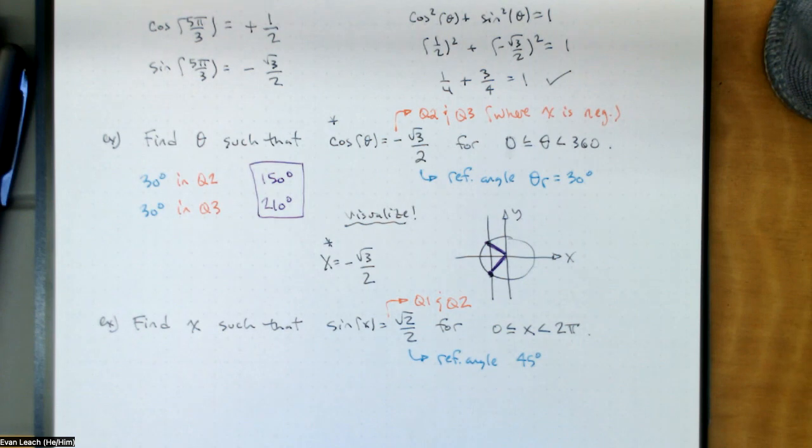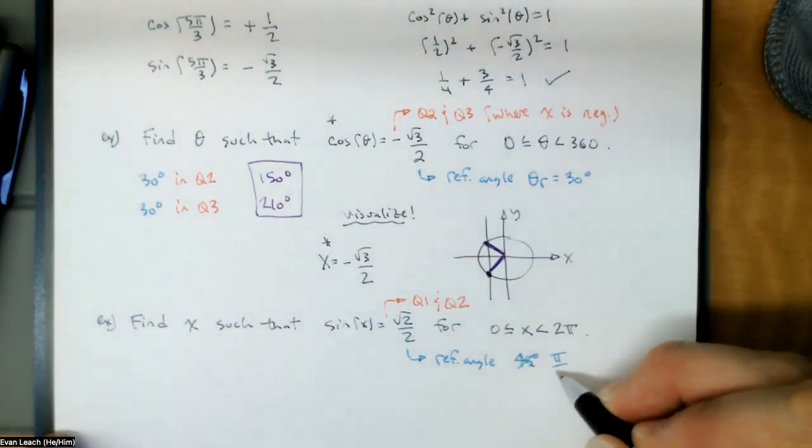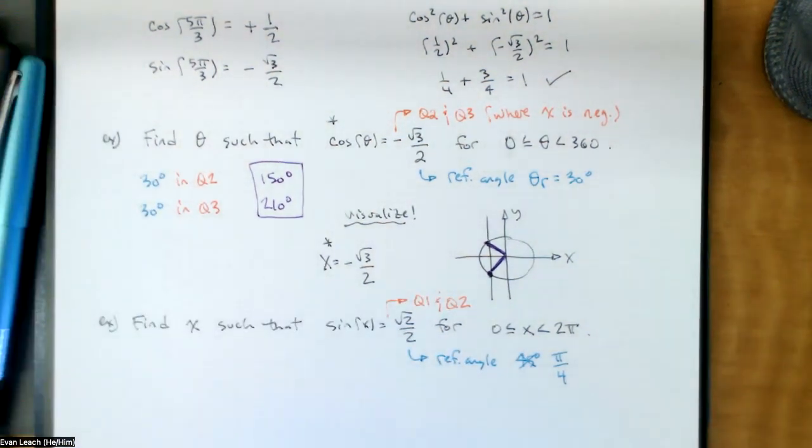And right now we're speaking radians. So we're just going to replace that with the radian version. So I'm going to put pi over 4 in quadrant 1 and quadrant 2.